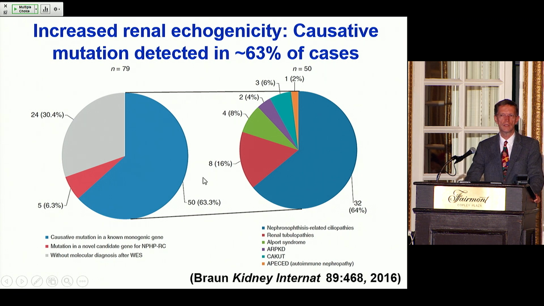But in general, you can now say anyone who has a renal ultrasound under the age of 25 that says increased echogenicity, if you jump from this very unspecific comment by our radiologist saying compatible with medical renal disease, to sequencing the whole exome, you have a 63% likelihood of finding the primary cause of disease in one of these genes in these rare diseases.